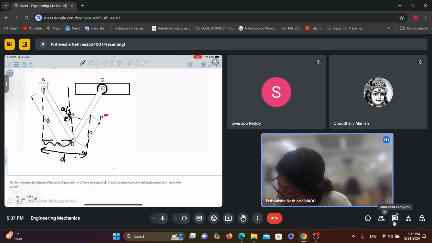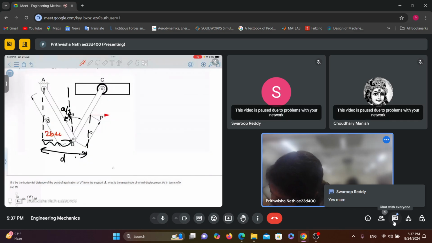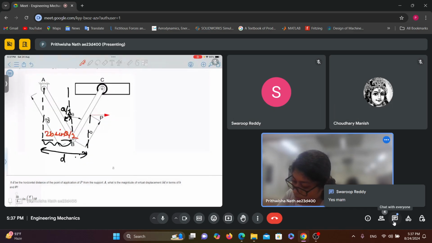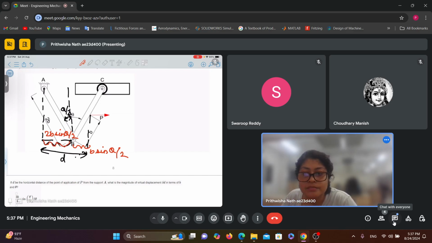So this much distance is 2b sine theta by 2, and from this triangle I can say this is b sine theta by 2, right? Is this clear? Yeah.